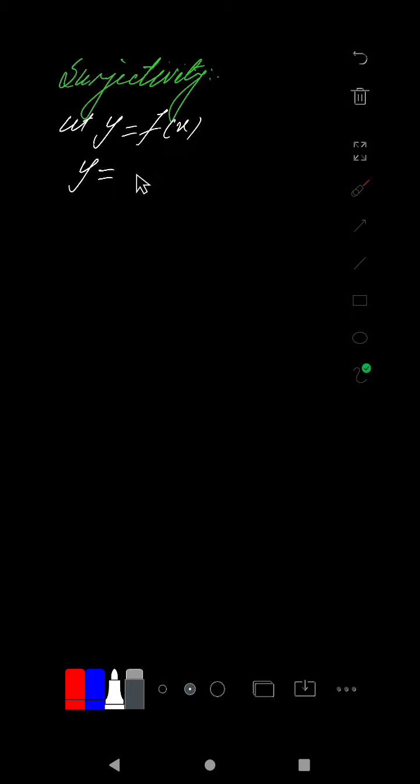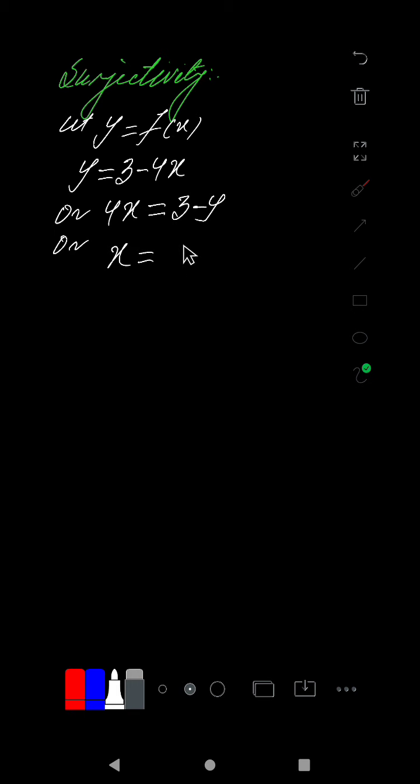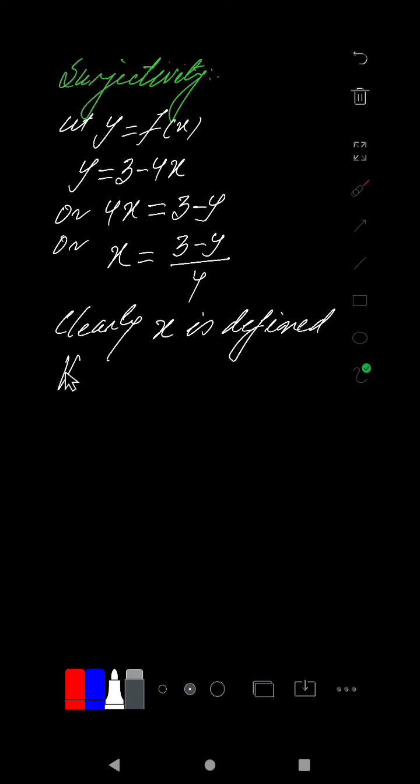Now let us check surjectivity. Let y is equal to f(x), or y is equal to 3 minus 4x, or 4x is equal to 3 minus y, or x is equal to (3 minus y) upon 4. Clearly, x is defined for all y belongs to set of real numbers.